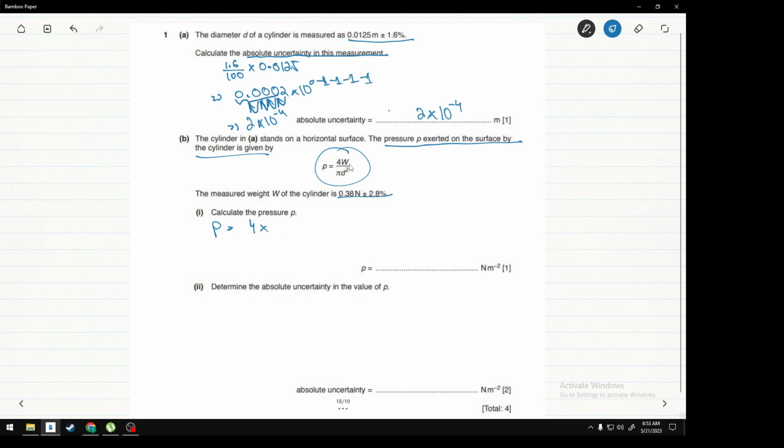Ignore the errors, just put the value of W, which is 0.38, divided by pi times E square, which is 0.0125 whole square. So the pressure becomes, after rounding off, 4x.